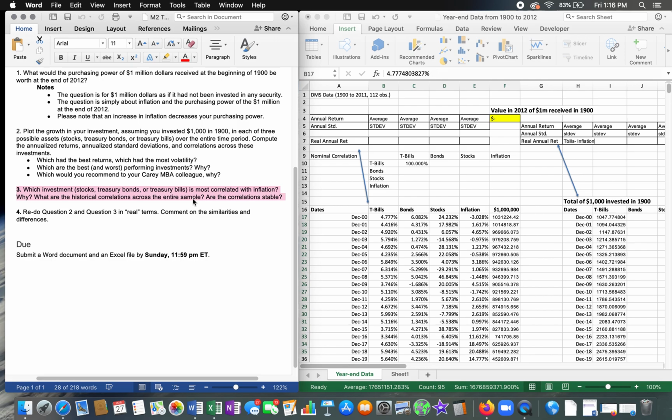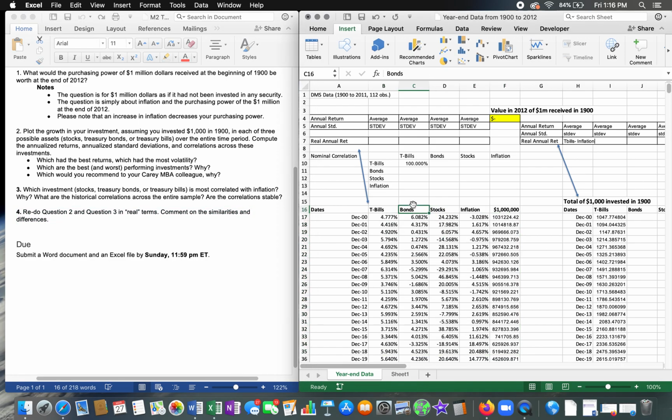All right, so far we've done question 1, question 2, and question 3. So we just have question 4, which is to redo question 2 and 3 in real terms. And remember, real means the figure without inflation. And then we're going to comment on similarities and differences. So you can go back to your chart.